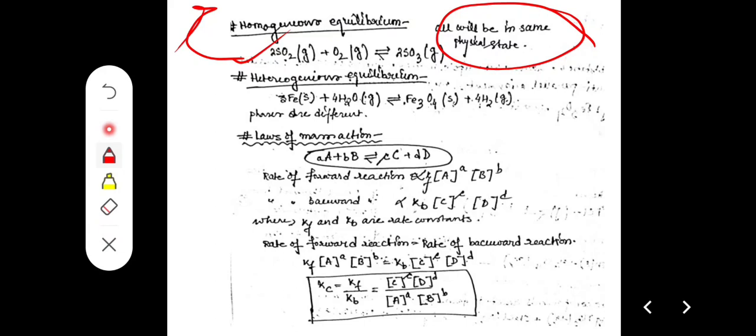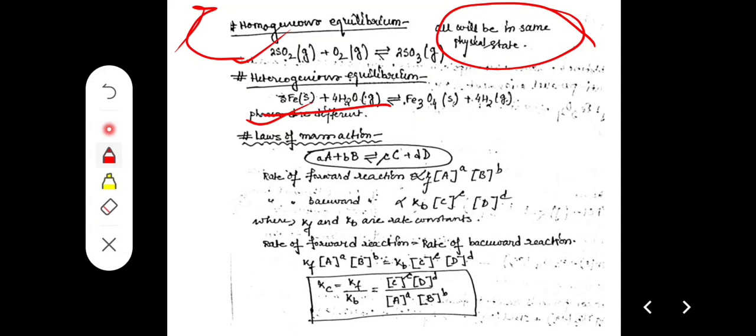Okay. Heterogeneous is defined as the opposite: the phases are dissimilar. If one species exists as a gas, another species exists as a liquid or solid, so their physical states are not the same. An example is 3Fe solid plus 4H2O gas producing Fe3O4, ferrosoferric oxide solid, plus 4H2 gas.